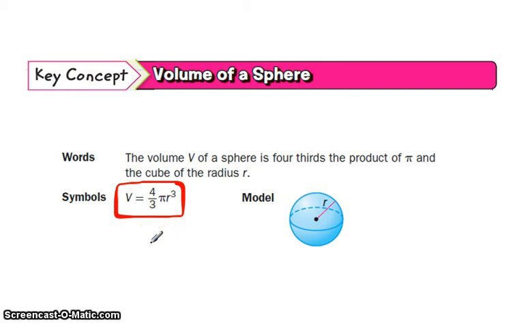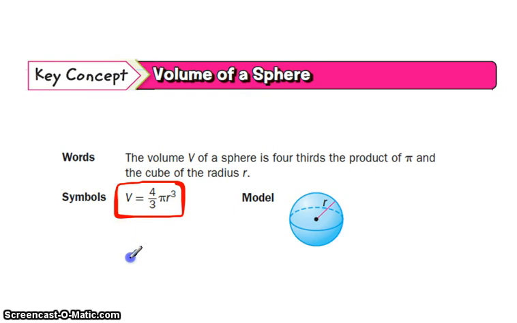But this time we're going to do pi r cubed, or to the third power. And we're multiplying it by more than just 1/3, which is what we did with cones and pyramids. We're now going to multiply it by 4/3, which is one whole and another third. So this is the formula that we are going to use.